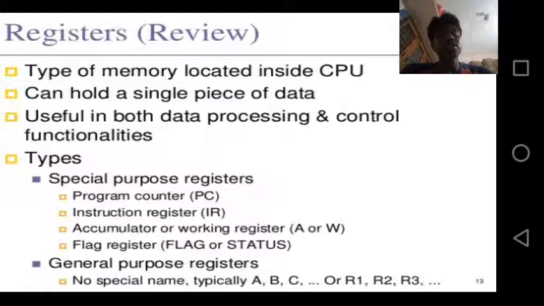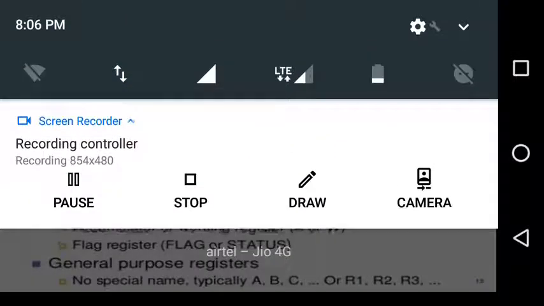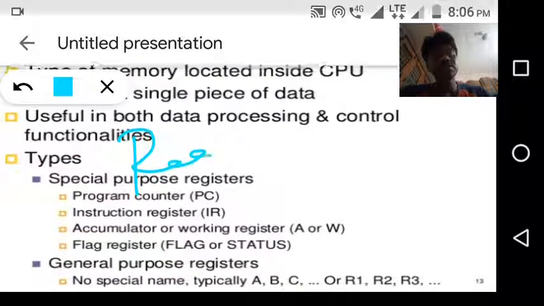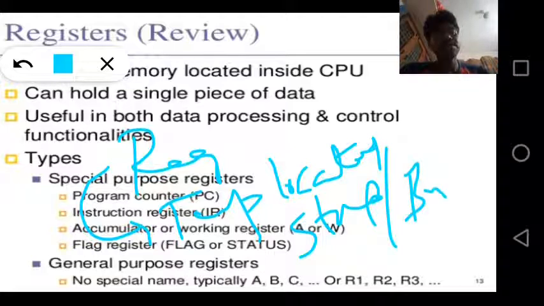Next, what type of memory is located inside the CPU? Registers are a type of memory located inside the CPU. A register is temporarily stored data, or you can call it a buffer.